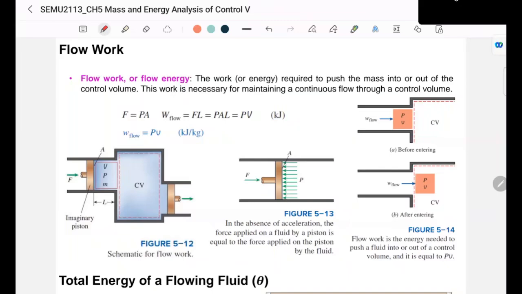But don't worry, all your questions in the test and in your assignment will be in SI unit. You don't have to remember imperial unit conversion, and it shouldn't appear. Our syllabus is all SI unit. It just happened that this textbook uses imperial unit.